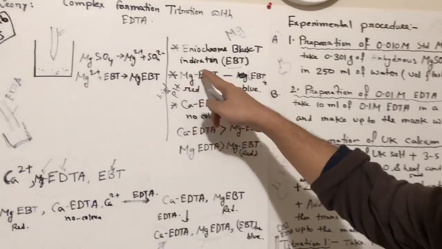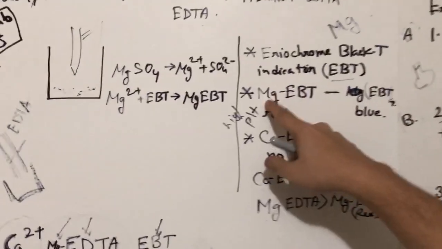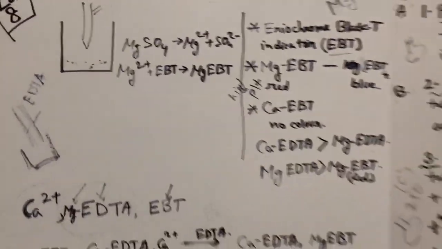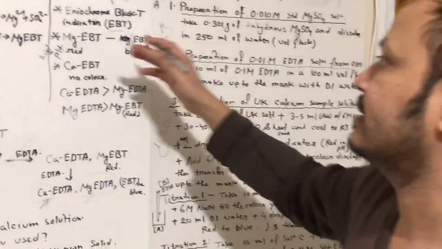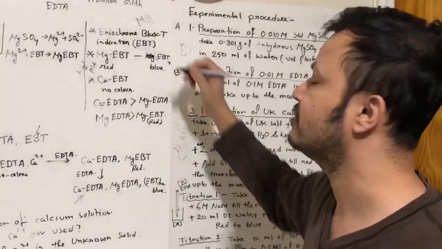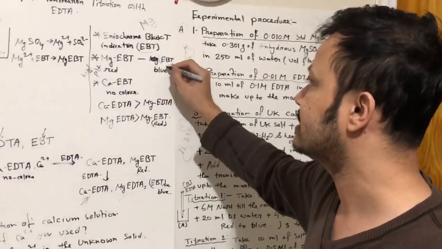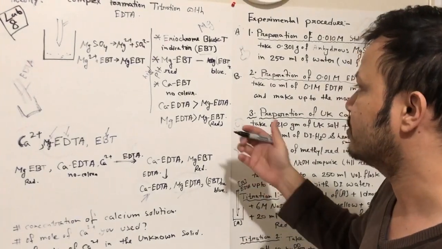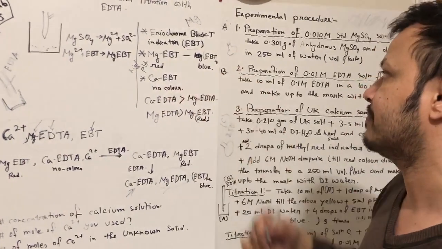When it forms the complex with the magnesium, it gives the red color, but when it is only Eriochrome Black T ions, it gives the blue color. But it doesn't give any color with the calcium. Eriochrome Black T doesn't give any color with the calcium.